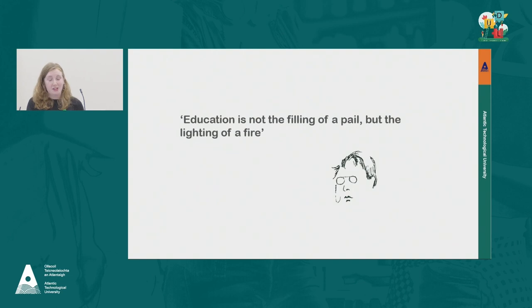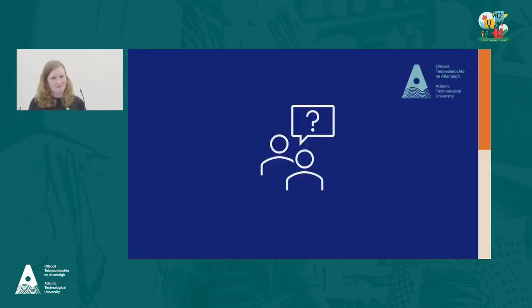And that can only happen if all students are properly supported and the right conditions are there. So like lighting a fire needs the right conditions, we need to support our students to have the right conditions to actively participate and become active members in the learning community. Okay, thank you.